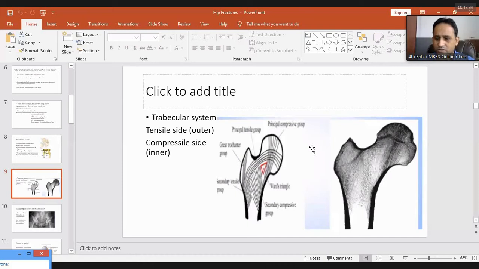So just make a note of this, because according to these trabeculations you can classify fractures and the amount of osteoporosis, which will come in subsequent lectures. No need to remember now, but I'm just making you aware that there are such things called the primary and secondary compressile and tensile trabecular systems.